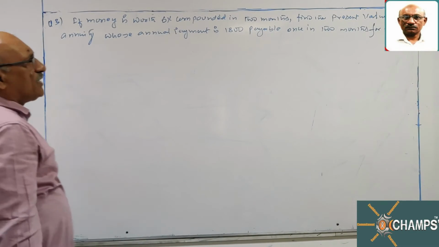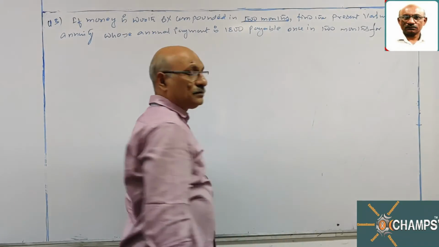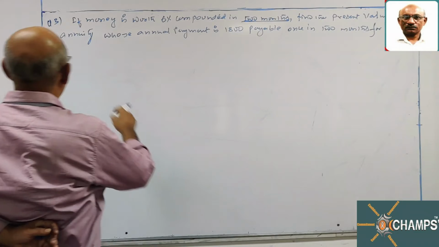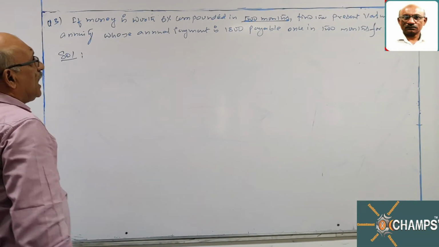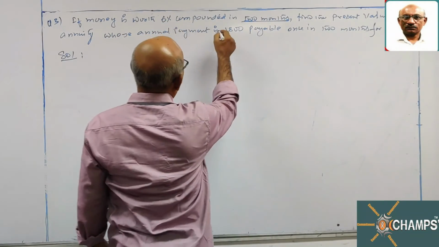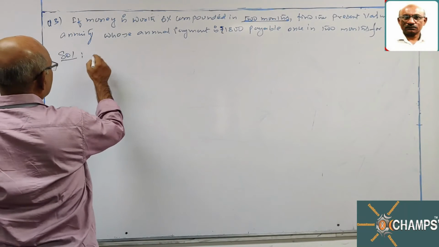This is my question, sir. My payments are after every 2 months. So let us see the calculations involved. Annual payment is given as rupees 1,800.